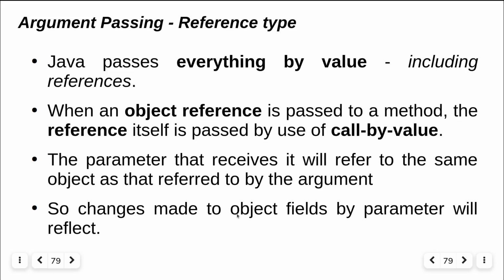So changes made to the object fields by the parameter D will reflect in main. But when we change the reference itself, those will not be reflected in main. But in CPP, if we make any changes to the reference itself, those will be reflected in the main method also. So we can conclude that Java passes everything by value.